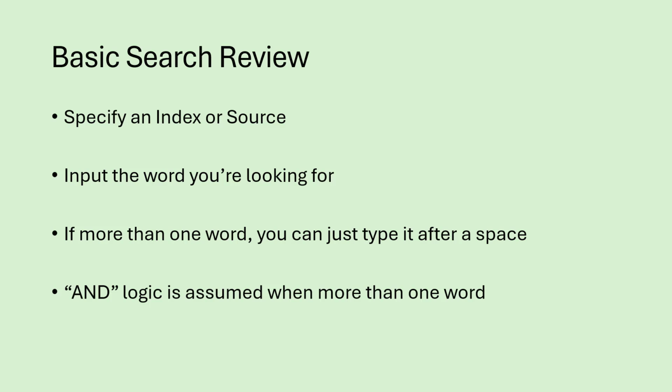We input the word we're looking for, and if it's more than one word, we can just type it after a space, and an AND logic, meaning this plus this, will be assumed when there is more than one word. However, as you progress in your use of the platform, you will see that this is a rather limited approach that brings up too many results, probably enough to be overwhelmed soon and get kind of lost in what you're trying to accomplish.